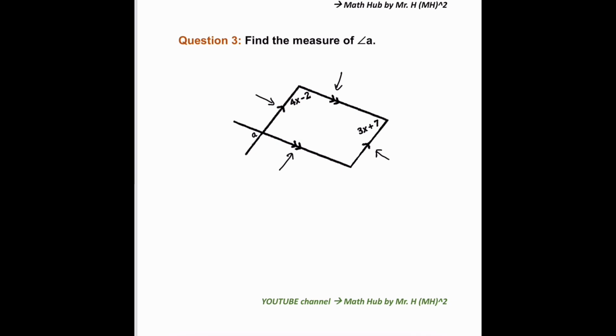We were asked to find the measure of angle A, which is this one. If it's difficult for you to visualize, you can draw some extra lines to extend the sides so that it will be easier to visualize. So like this.